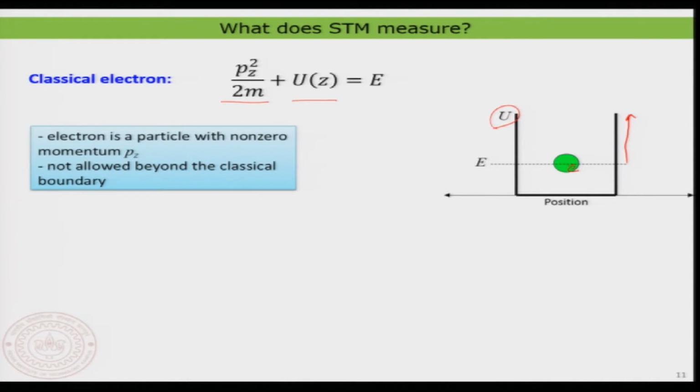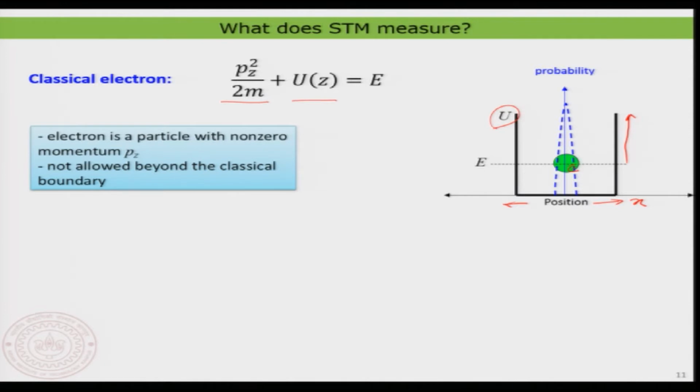But now, the question you ask is, what is the probability that you can find this electron? Where is the probability of finding the electron maximum? If you plot the probability as a function of position, and you can call it x, in this case just a very simple one dimensional case, then you would find that the probability of finding the electron in the box is maximum where that green dot is placed.